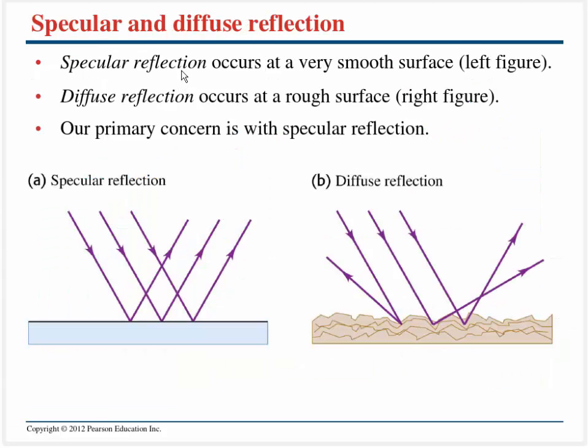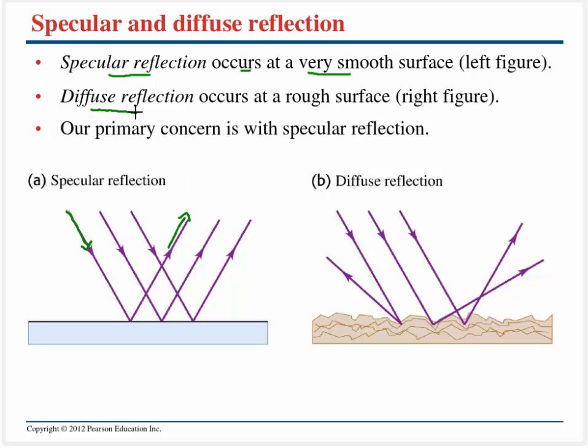Now just a quick little side note on this idea of reflection. Turns out we can have two types of reflection. We're going to have specular reflection that's going to occur at a very smooth surface, for example a mirror, and in that case these incident rays are just going to all reflect back in a nice pretty fashion.